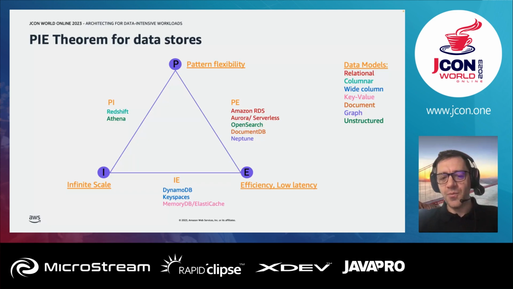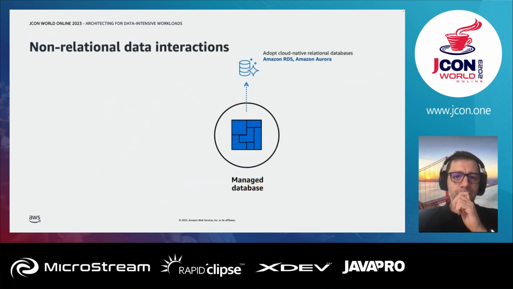And usually when we talk with customers, there's a kind of story that repeats itself, right? So people usually start with a relational database, maybe it's already a managed database out there.